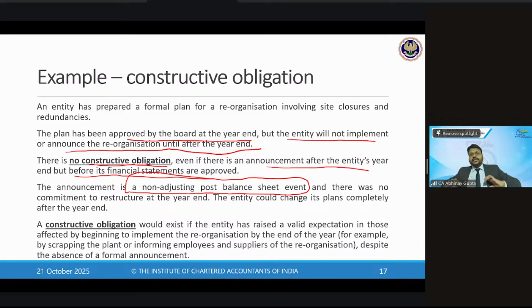If the management is only announcing that they will do some restructuring, it doesn't mean that something has changed on the ground until the management starts implementing that restructuring plan by taking some action. Now, what do you mean by action?